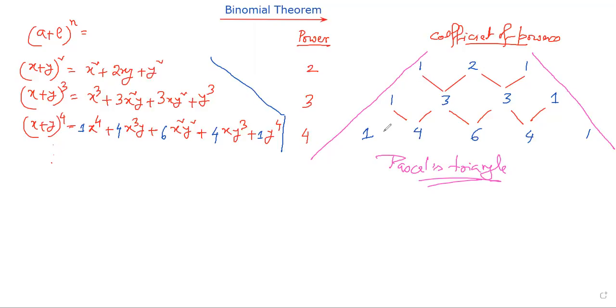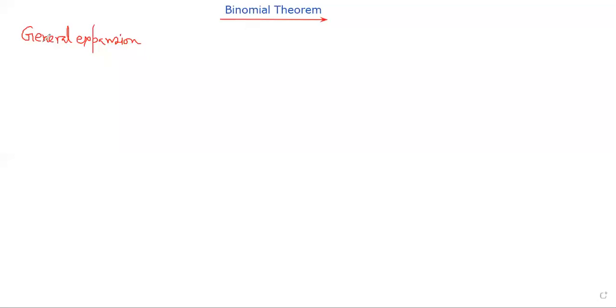Taking that logic, if I want to go on writing the general equation, we want to get the general expansion by way of our logic of Pascal's triangle. In the general expansion, if I write (x + y)^n, we get the first term, which is x to the power n, and the coefficient of it we write as nC0.